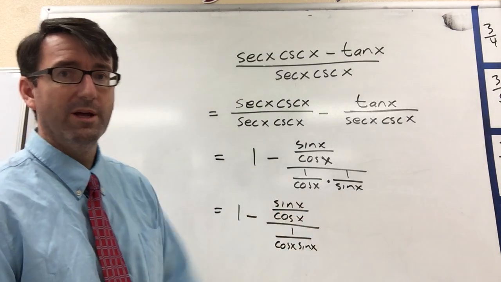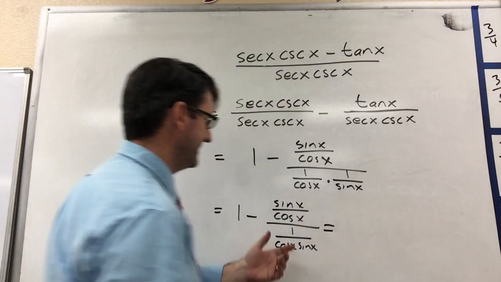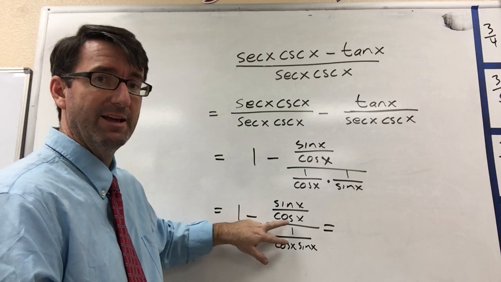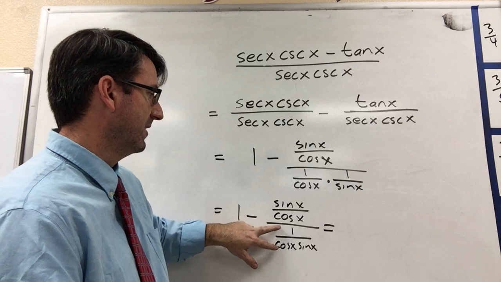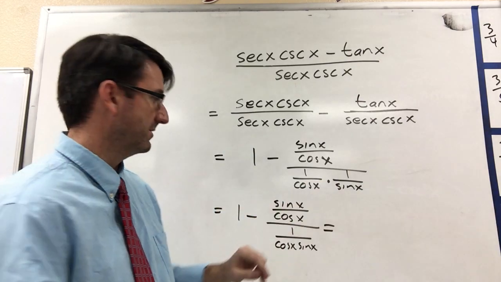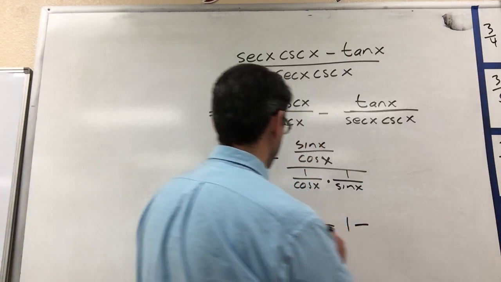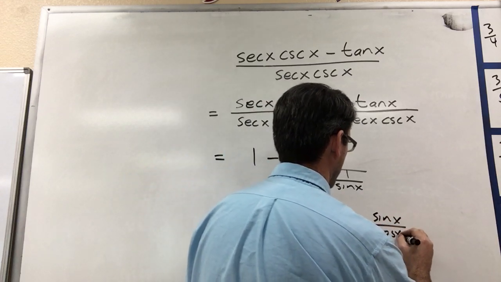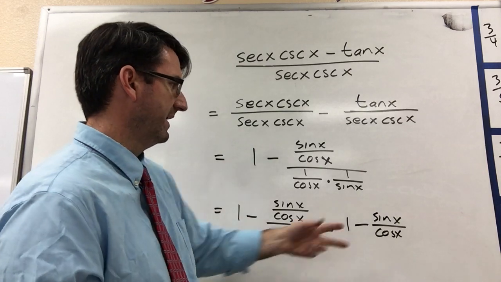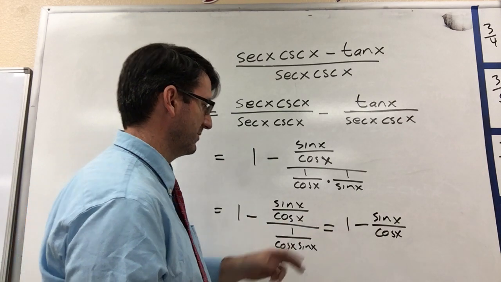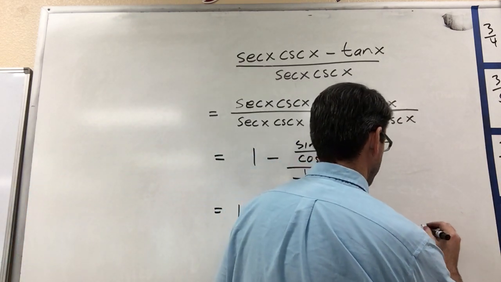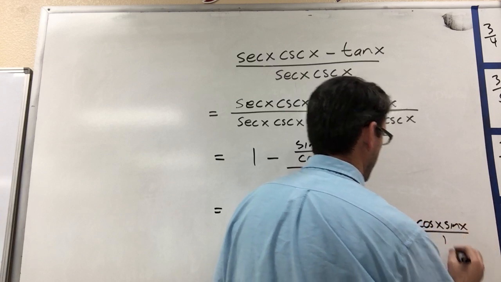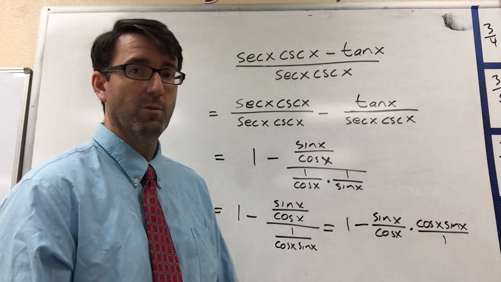All right, now we can make this less ugly by, instead of dividing by 1 over cosine x sine x, we're going to multiply by the reciprocal. So this is 1 minus sine x over cosine x, and then we're going to multiply by the reciprocal here. So we get times cosine x sine x, and if you like, over 1.